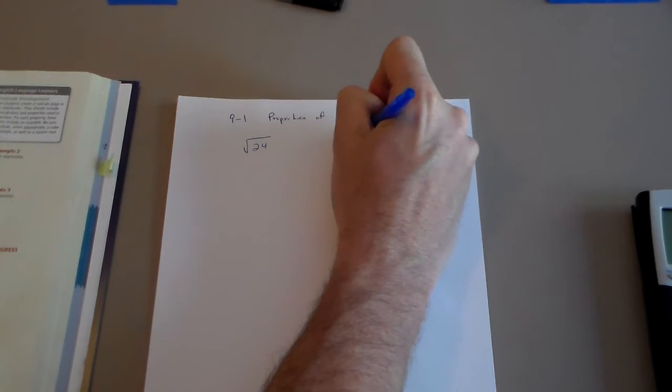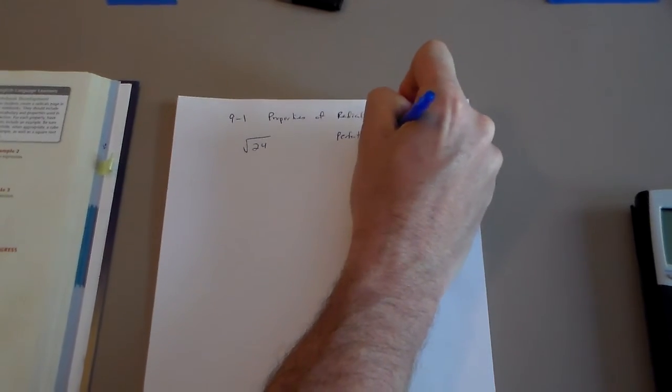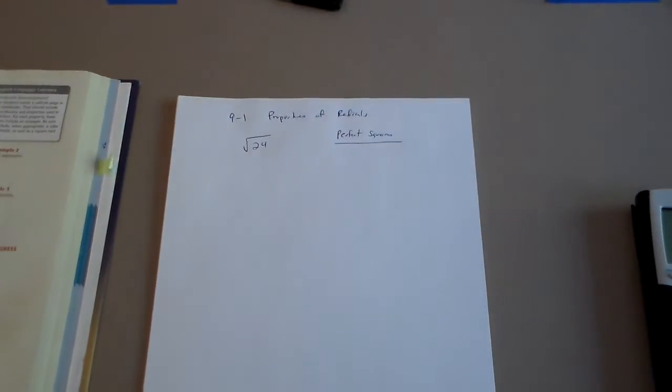In order to find those, the first thing we're going to talk about is perfect squares. I'm going to give you a list of perfect squares.